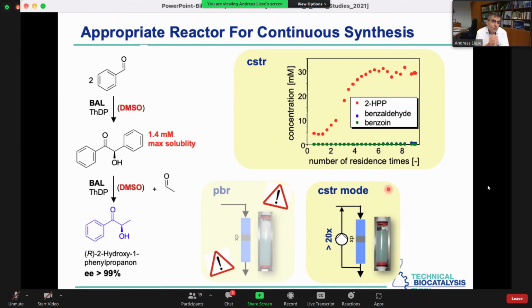Well, you could also apply a CSTR tank reactor. That would be the same as this one. But since we're working with the immobilized enzyme and we already have it in this column, the easiest way is not to unpack the reactor and desorb the enzyme to establish a CSTR in a stirred tank reactor.